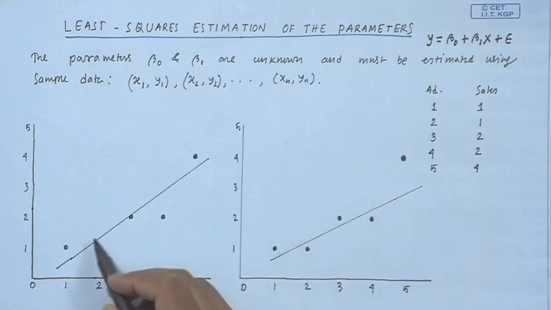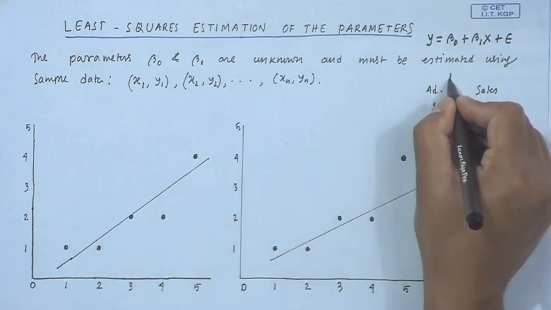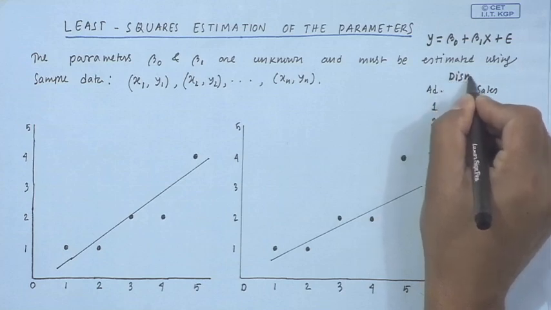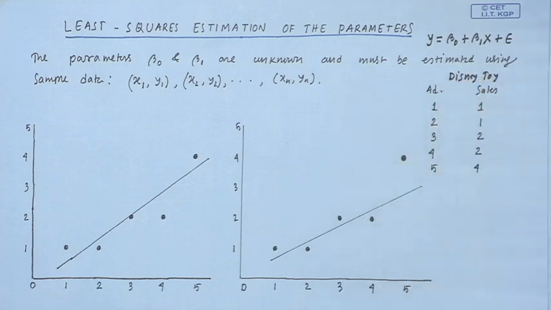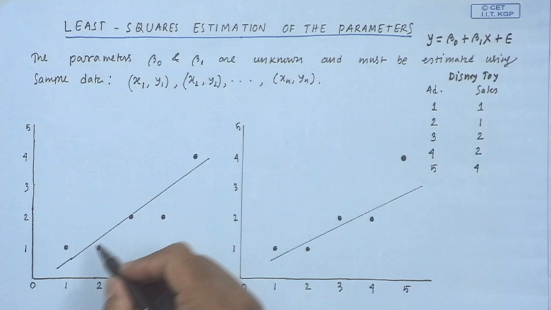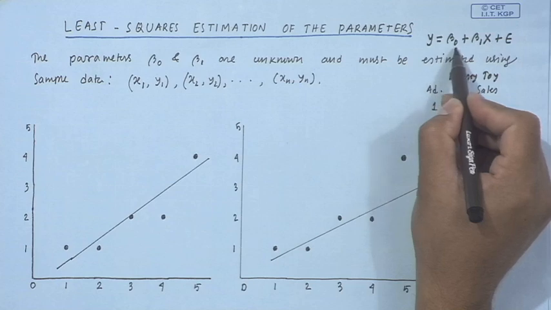Suppose this is the scatter plot for the Disney toy data, and we have to fit a model. So, we have to estimate the regression coefficients.